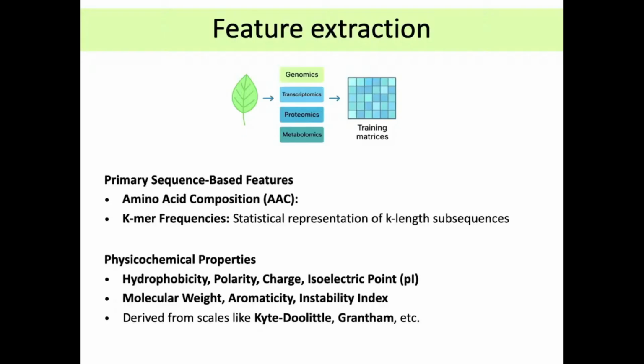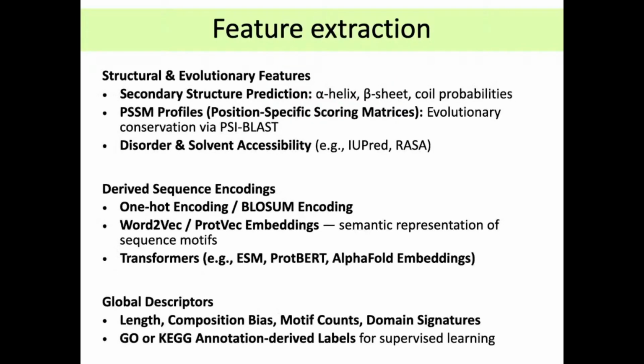Then we can extract various physicochemical properties: hydrophobicity, polarity, charge, molecular weight, etc. There are various structural and evolutionary features that can be extracted from the data. Further, if we are not going for feature extraction, we can encode the sequence data into numerical format. Various encodings are available. The most popular ones are one-hot encoding and word2vec. These are the things with which we can convert sequence data to numerical format.